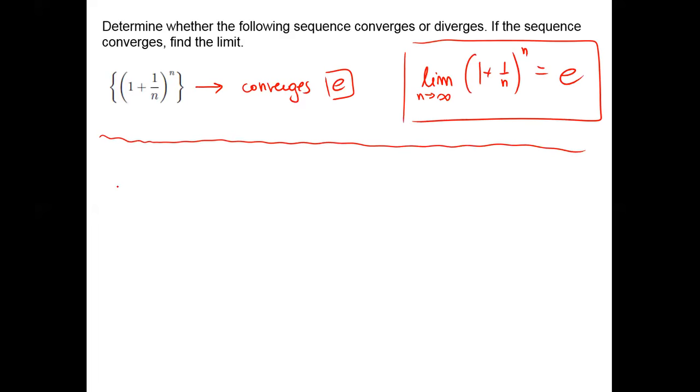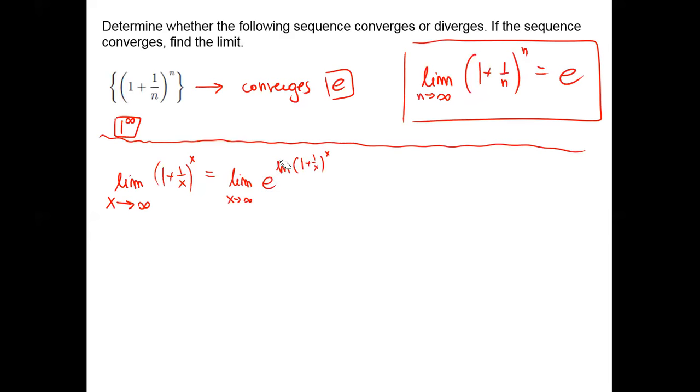But I will solve this one for you just to prove it. I will use the L'Hopital rule. That's the limit. Let's rewrite n as x. As x goes to infinity, 1 plus 1 over x to the power of x. This is the form 1 to the infinity. And in order to apply the L'Hopital rule, I have to rewrite this. First of all, I will rewrite this power form as an exponential form, e to the power of ln, and I will copy this quantity.